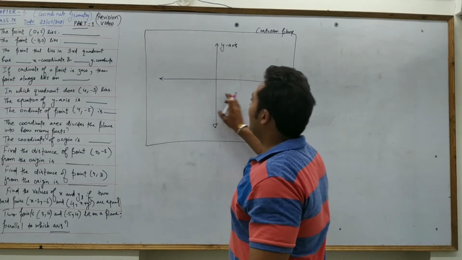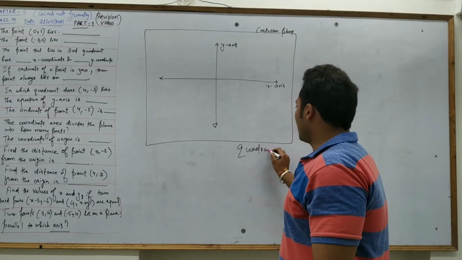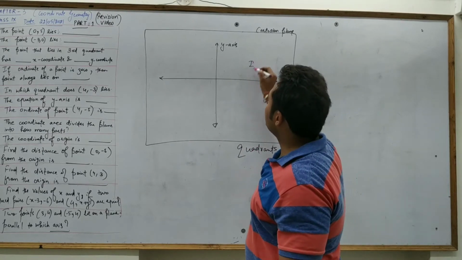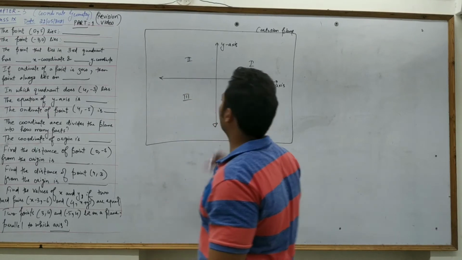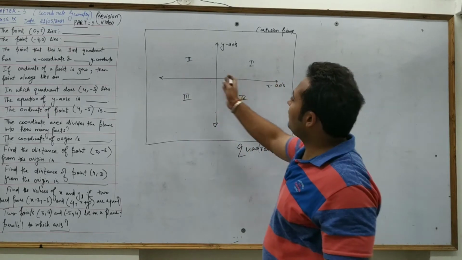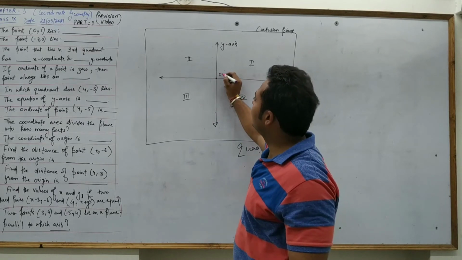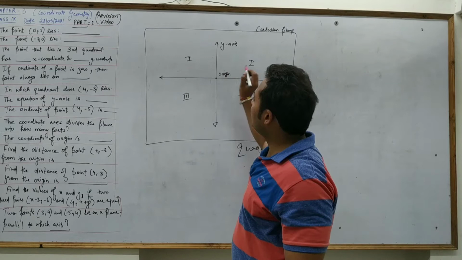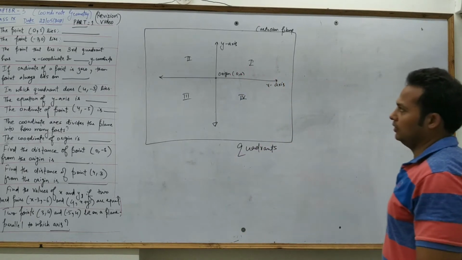These 4 equal parts are called quadrants. It is our first quadrant, it is second, it is third, it is fourth. And the point of intersection of these coordinate axes is the origin, and it is equal to (0, 0).